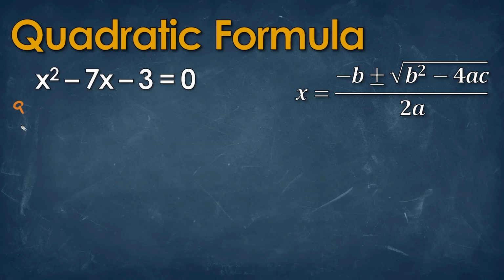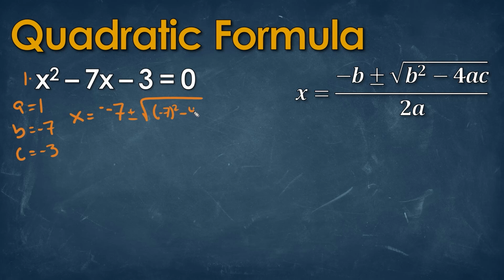Moving on to the next question, again, we need to figure out what our values are for a, b, and c. A will be equal to 1, because remember that there's an imaginary 1 in front of that. B will be negative 7, and c will be negative 3. We're going to plug it into our equation, so we're going to get negative times negative 7 plus or minus the square root of negative 7 squared minus 4 times 1 times negative 3 all over 2a, so that's going to be 2 times 1.